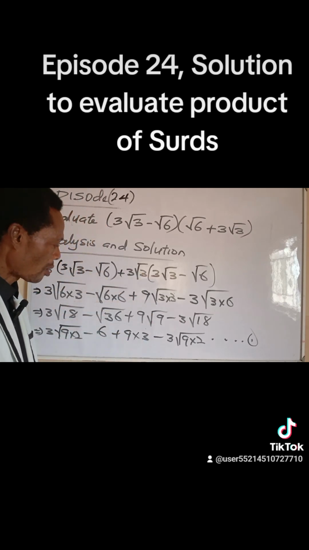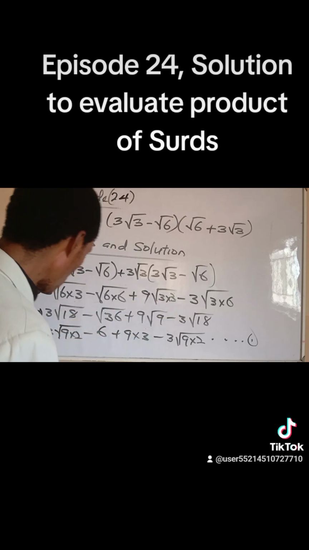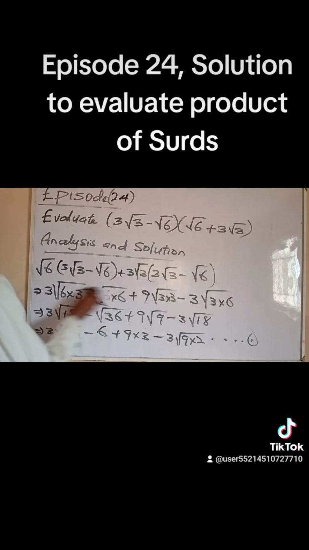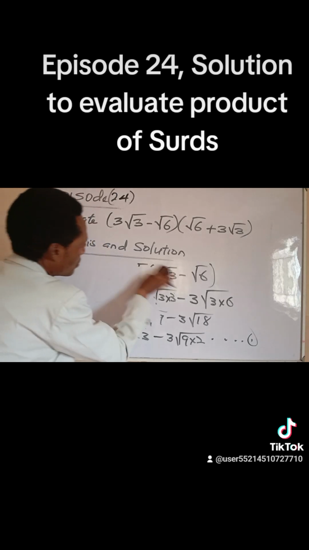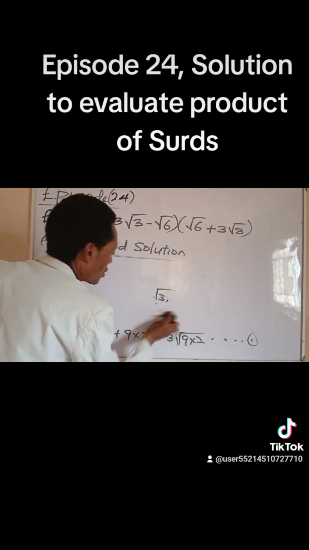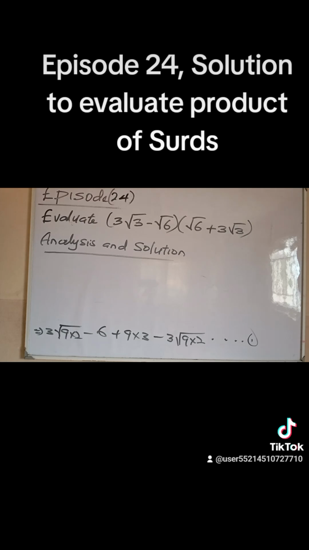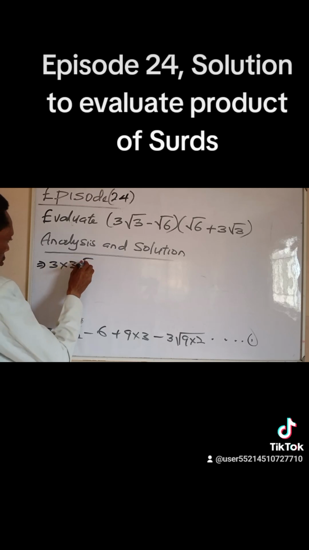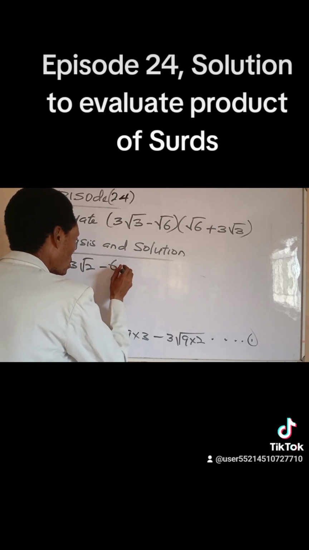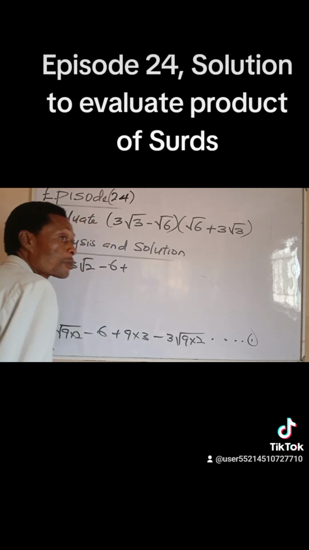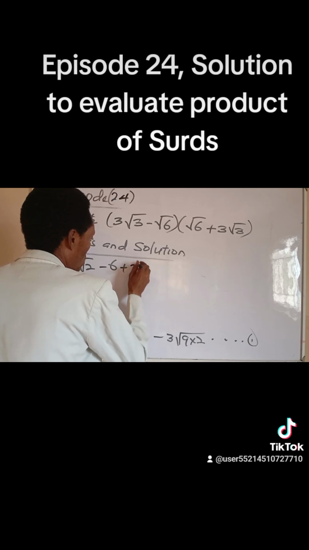If you have gotten it up to this point, let us clean up and continue from here. From here, we can now see this is 3 times the square root of 9, which is 3√2, minus 6, and then plus 9 times 3, which gives 27.